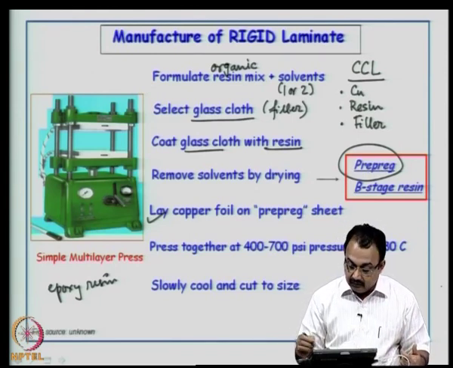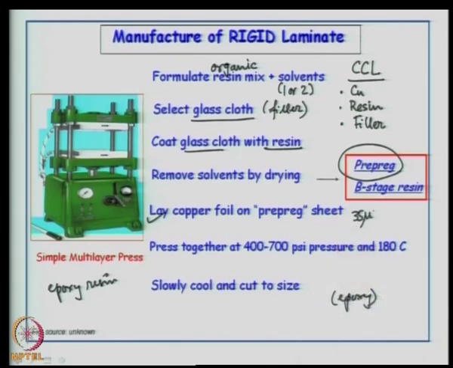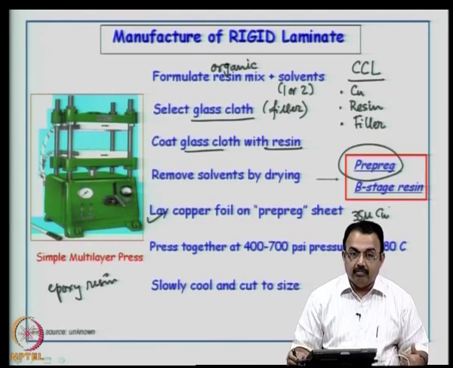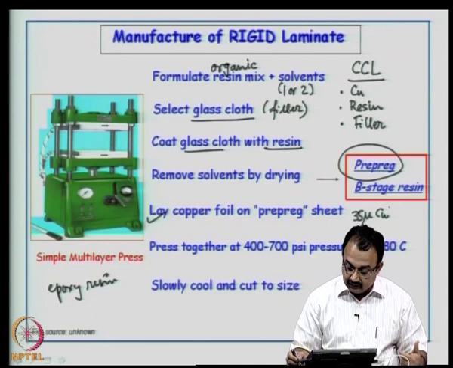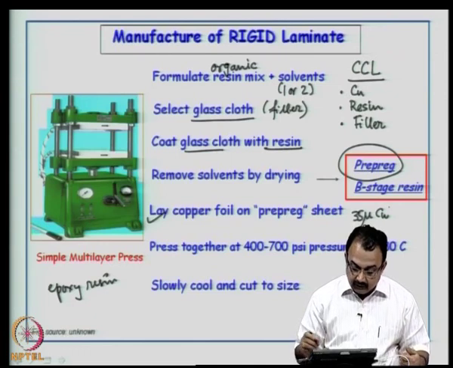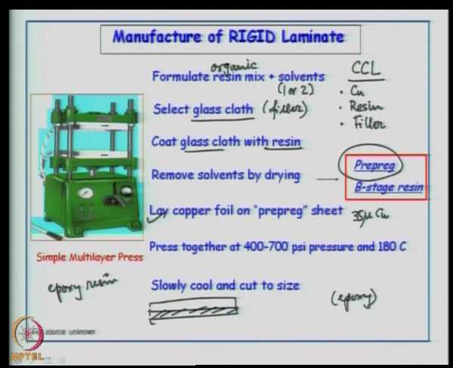So, assume that you are going to use a 35 micron copper foil on both sides, then suitably you can take copper foil and bond with the pre-preg sheets that has just been defined as a pre-preg or a B stage resin. Now, this structure of the dielectric material with the copper foil on top and the bottom is now fed into the multilayer press.